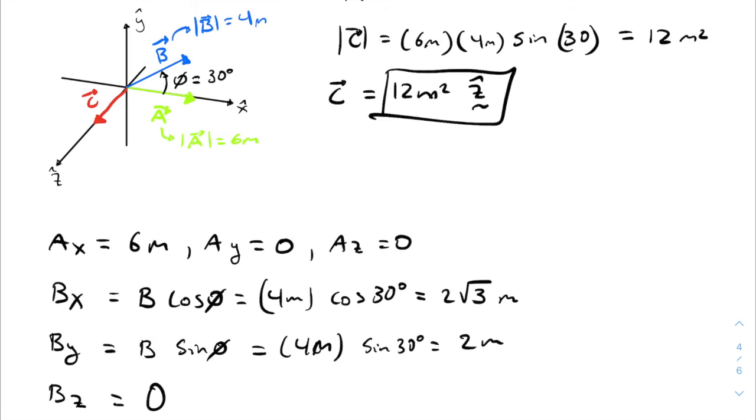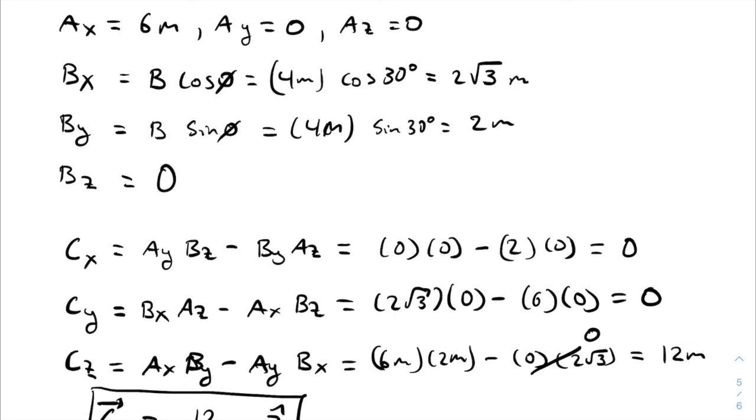Then we find the components of vector B, and as we can see, vector B is making a right triangle, so we have BX is equal to B times cosine of phi, which gives us 4 meters times cosine of 30, which is equal to 2 times the square root of 3. Then BY is equal to B times sine of phi, which is equal to 4 meters times sine of 30 degrees, which is equal to 2 meters. And vector B does not have any components in the Z direction, so BZ is equal to 0.